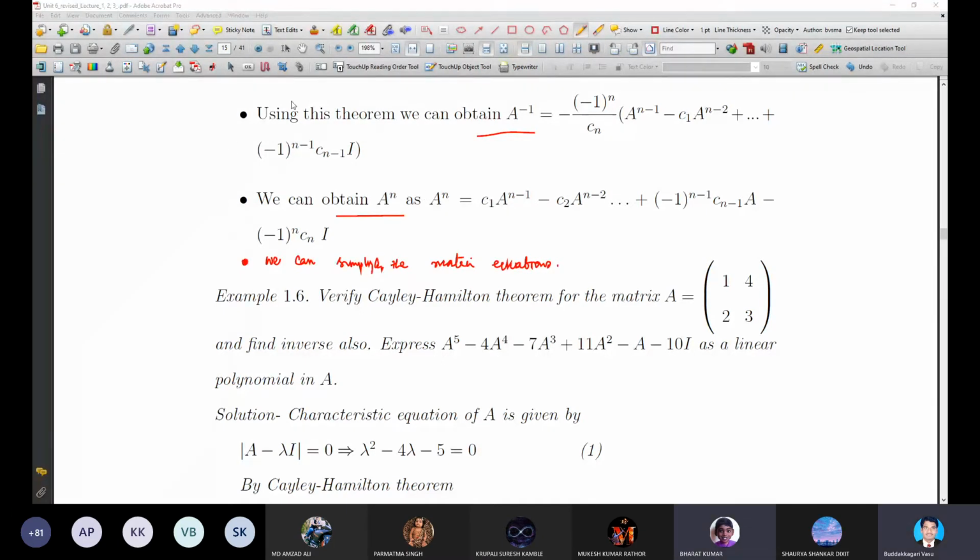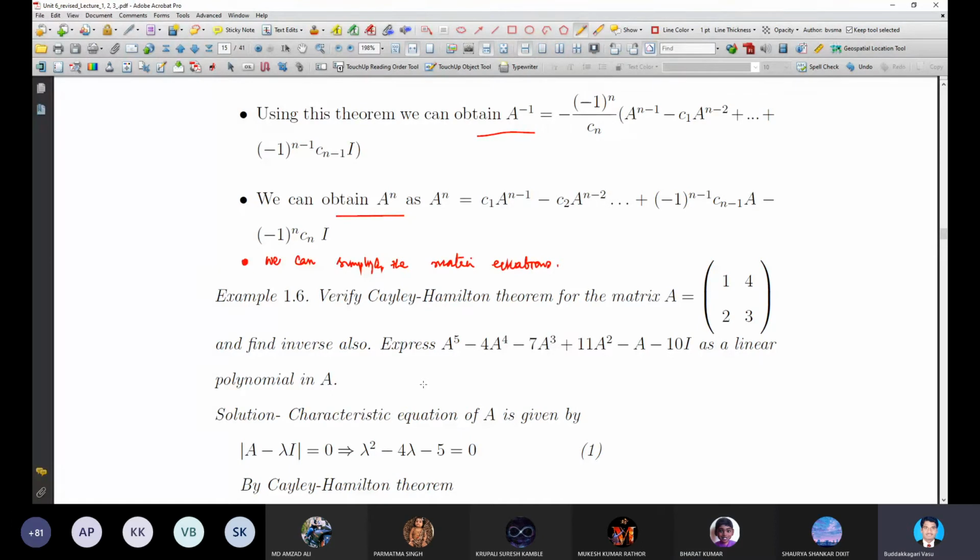Firstly, we find the characteristic equation and show that A satisfies its own characteristic equation, right? Yes, sir. If you prove that the characteristic equation is satisfied by the given A, then the Cayley-Hamilton theorem is verified.